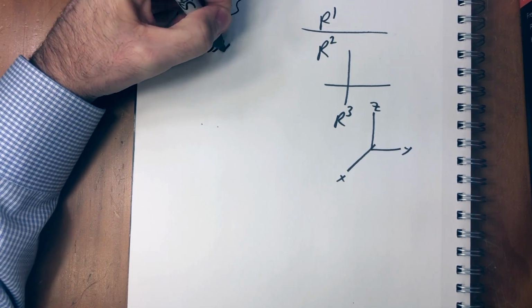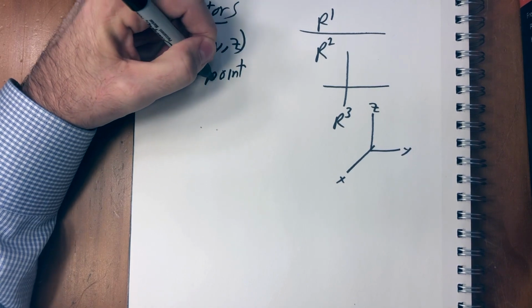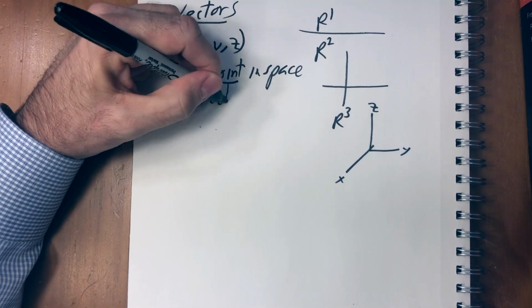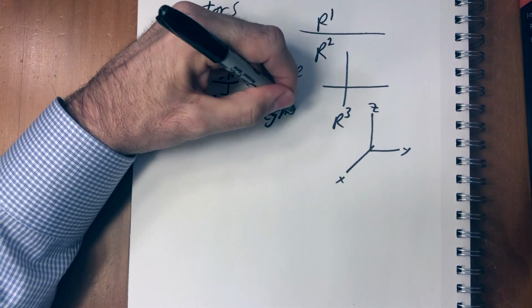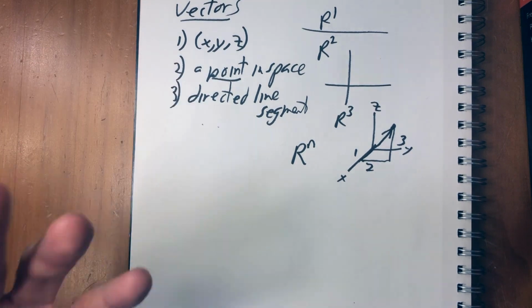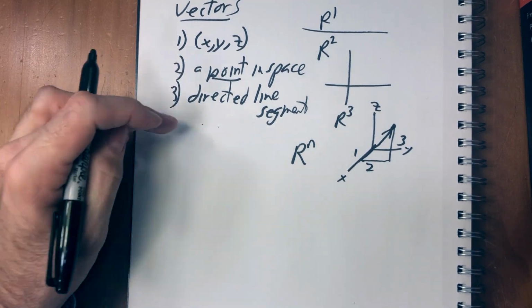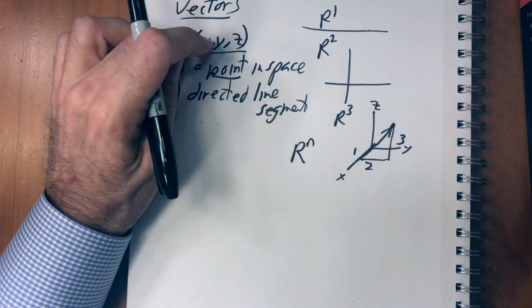It's like a triple, like x, y, z, a point in space, or a directed line segment. So we can't really think about vectors in higher dimensions as a point in space, because again, we can't really picture what a five-dimensional space looks like, or same for a directed line segment, but we can certainly represent them like this.